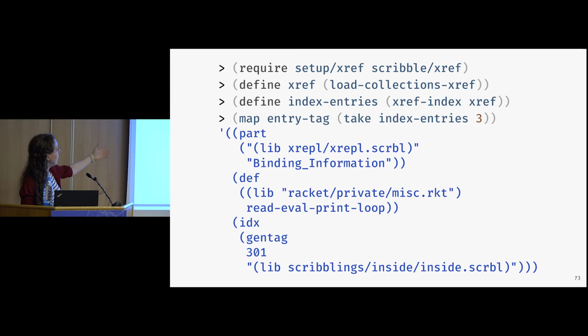And what's remarkable about this is, I guess, 2 things. One, I did not configure anything, right? I didn't specify search paths. I didn't specify anything along those lines. It just kind of magically knows how to do this. And second of all, these libraries, setup/xref and scribble/xref, are not defined in the core.